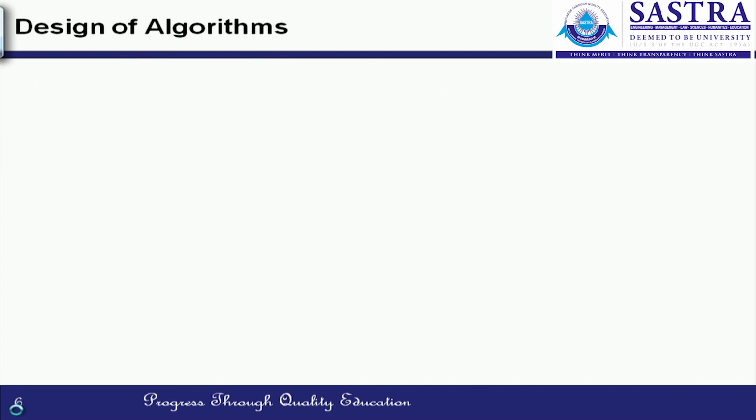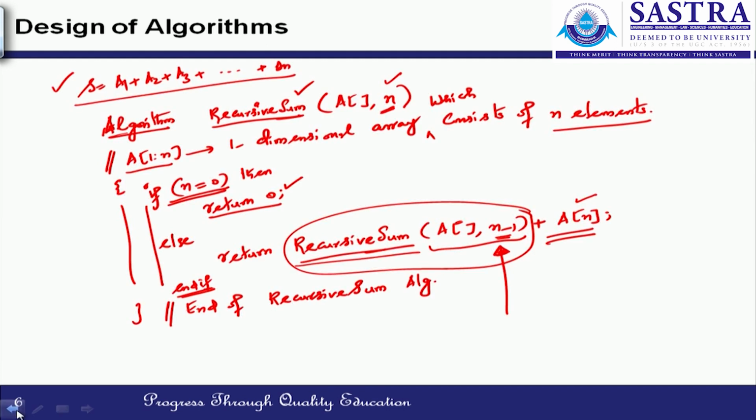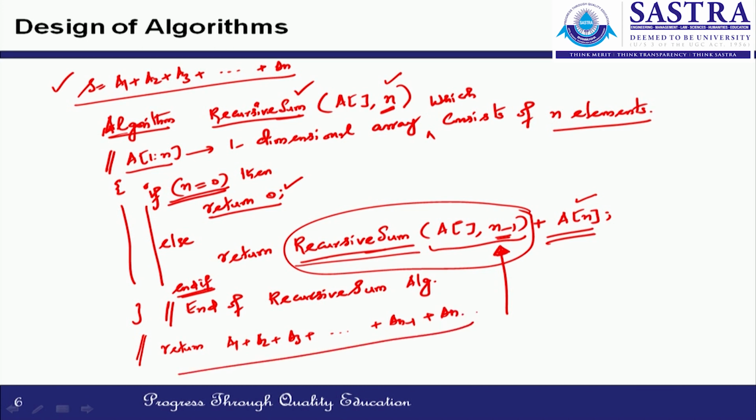So this recursive sum a array comma n algorithm finally returns a1 plus a2 plus a3 plus etc. an minus 1 plus an. The entire result is evaluated and the value is returned to the calling place.